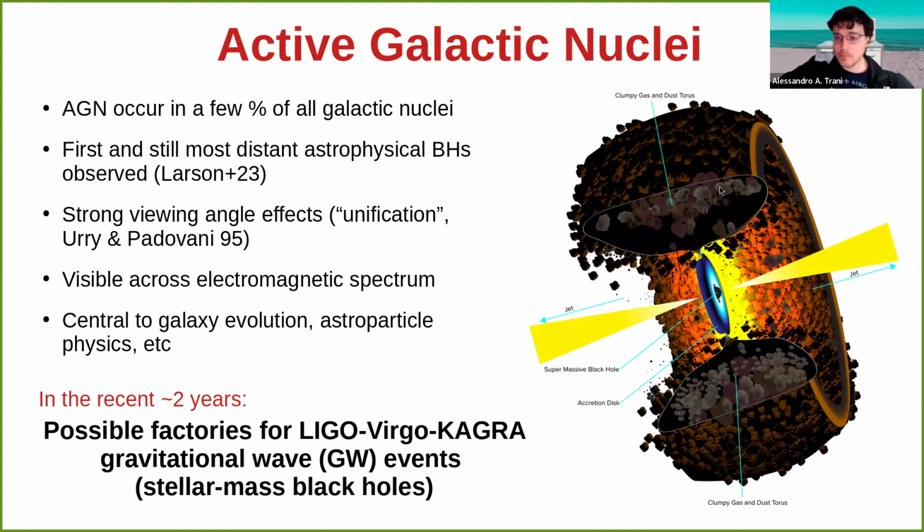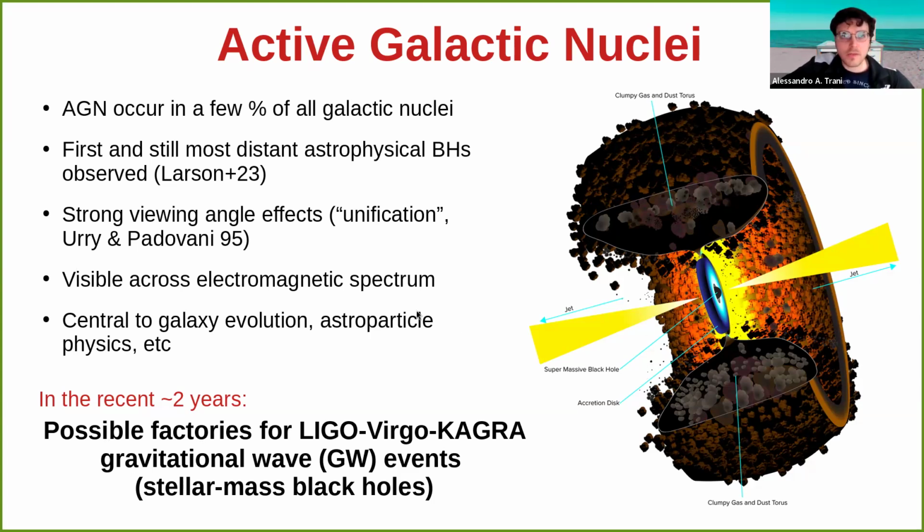The observational features of this kind of object change depending on whether the observer is located towards the jet, or there is the obscuring torus that changes the properties of the signal that arrives to us. They're central to galaxy evolution and astroparticle physics and so on.